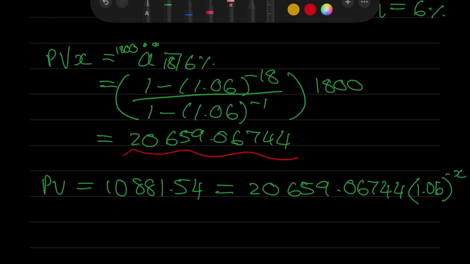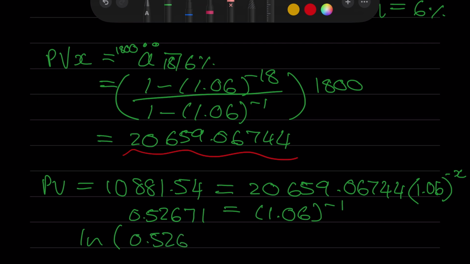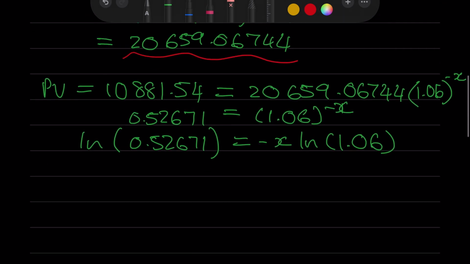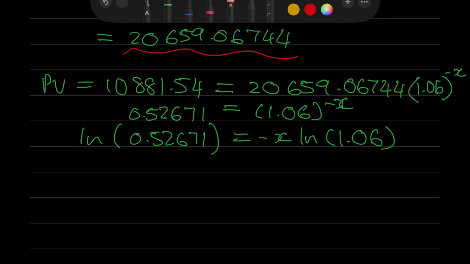So let's do some math. I'm going to divide by 20,000 on the left side. I'll introduce a natural logarithm. Negative X there. So let's do this straight away.